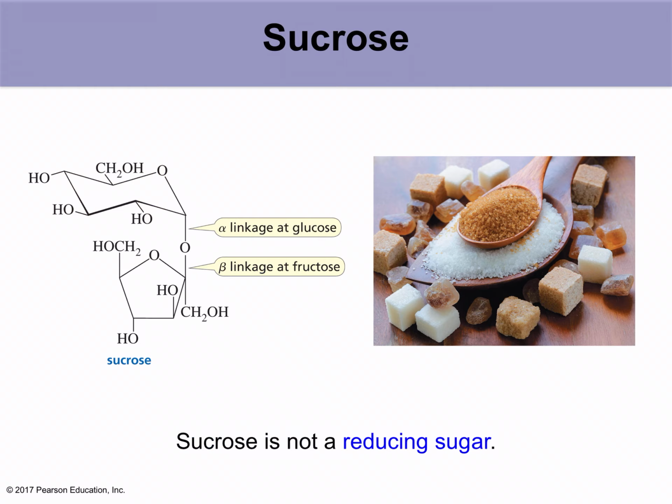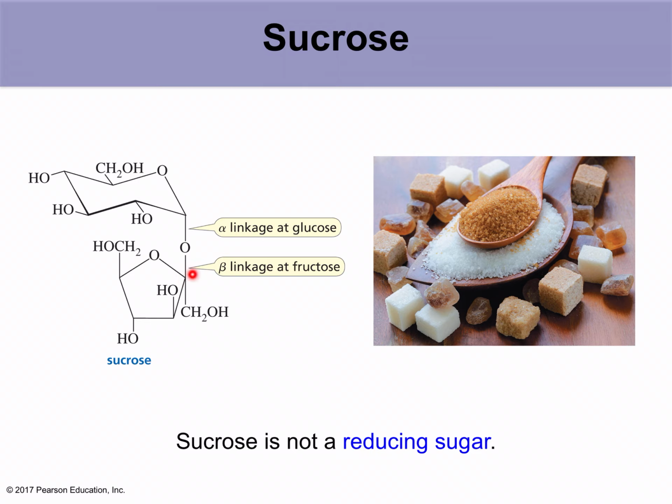And this is sucrose. What is sucrose? Sucrose is made up of two monosaccharides, glucose and fructose. There is an alpha linkage at the glucose, facing down, and a beta linkage at the fructose. Do we have an acetal for this carbon? This is OR, so there is an acetal group, and for this carbon there is an OR and OR.